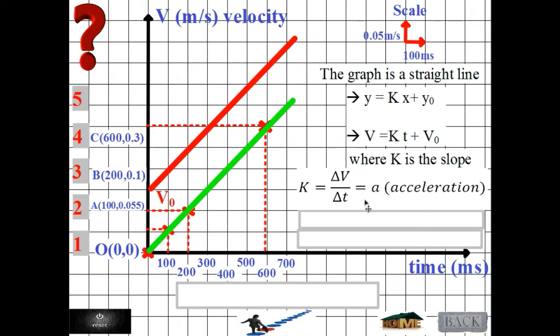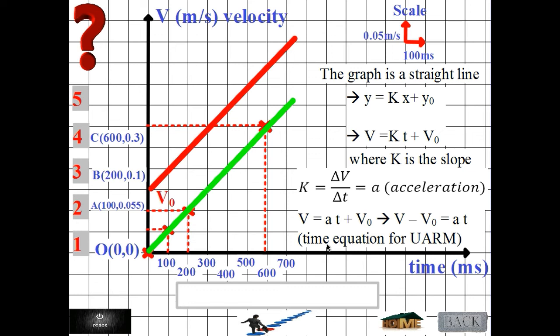And a new time equation for uniform accelerated rectilinear motion is v equals at plus v0. This is the first time equation for uniform accelerated rectilinear motion. v is the velocity at any instant we want to calculate. a is the acceleration. t is the time at which we need to calculate this velocity, so if t is 1 second we get v1, if t is 2 seconds we get v2, and v0 is the initial velocity.